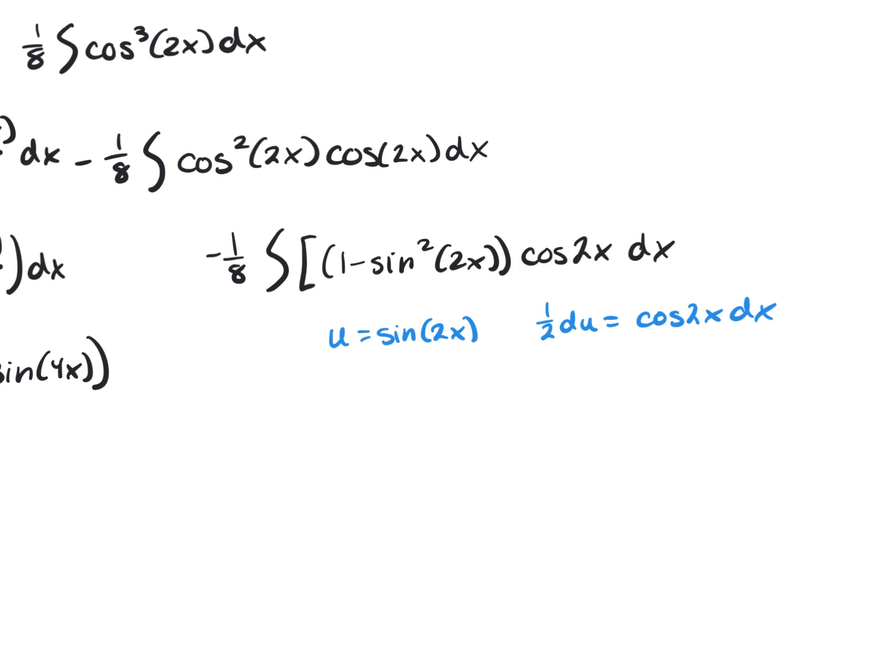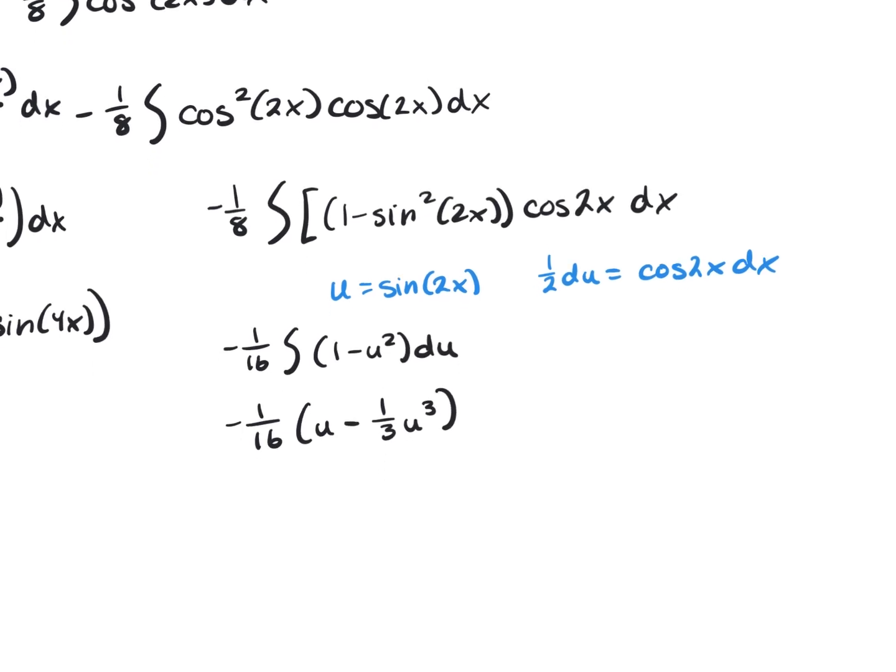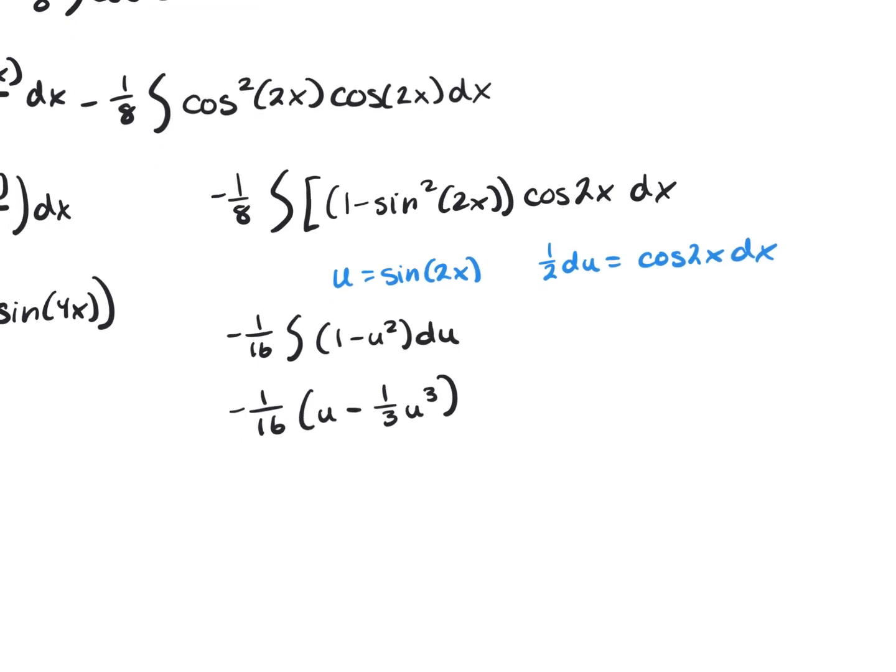So that would give me negative 1/16, and then times the integral of 1 minus u squared du, and then I can evaluate that integral. So u minus 1/3 u cubed, and I'm just going to add the plus c at the very, very end. So now I have negative 1/16 times the sine of 2x minus 1/3 sine cubed of 2x.